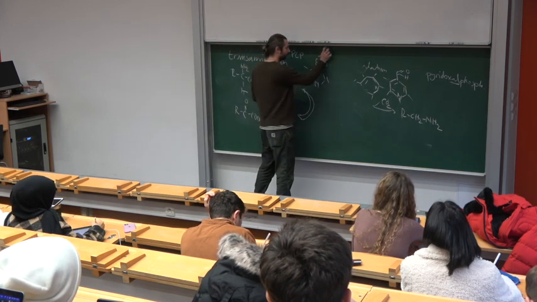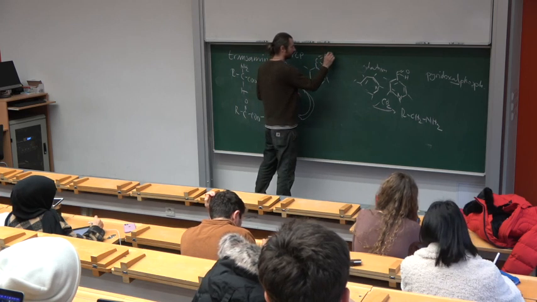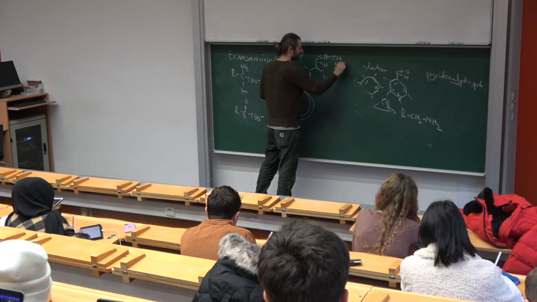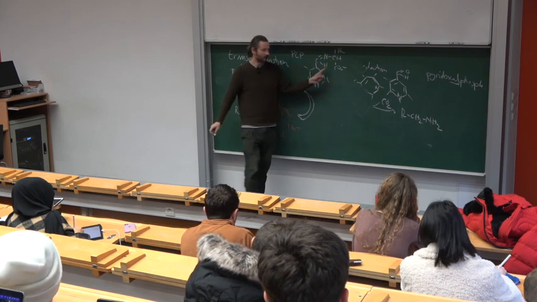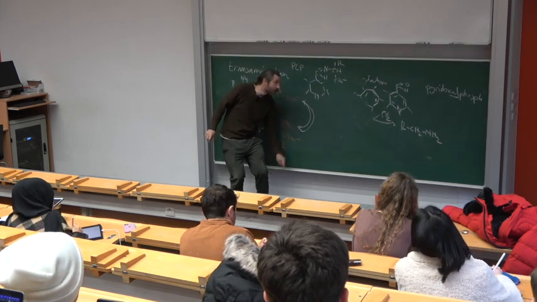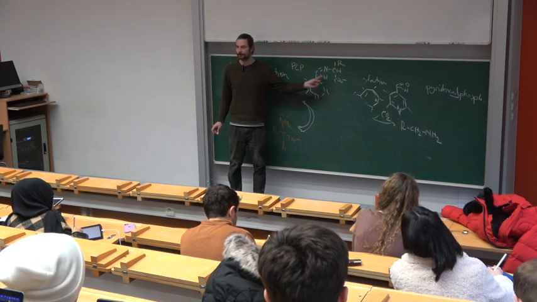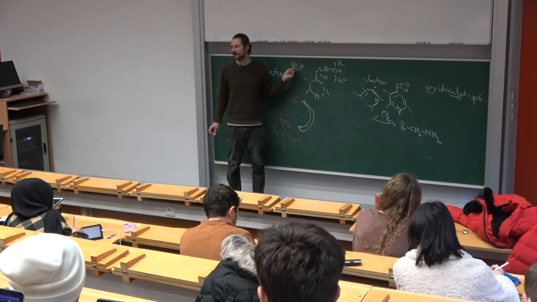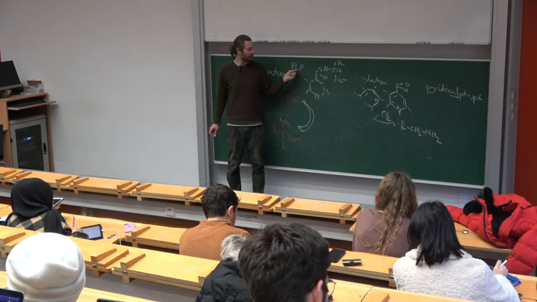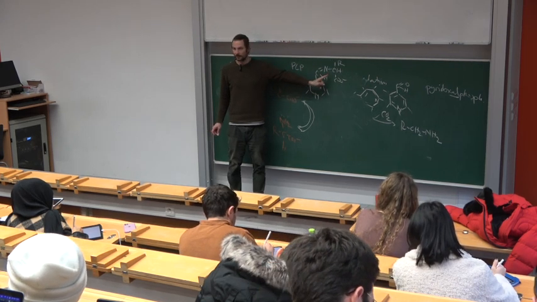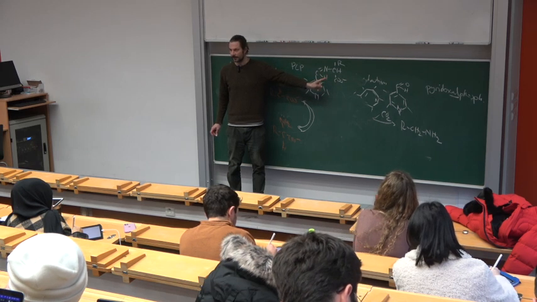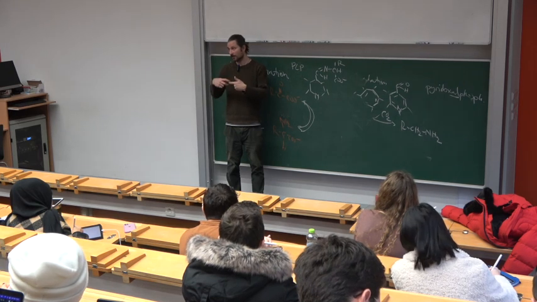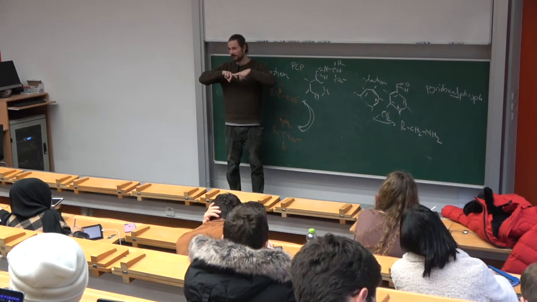We saw that before. So that's the Schiff base formed from the amino acid. That's PLP, the abbreviation for pyridoxal phosphate. We form a Schiff base by removing water. Yeah? It's a condensation reaction. We remove water for that.